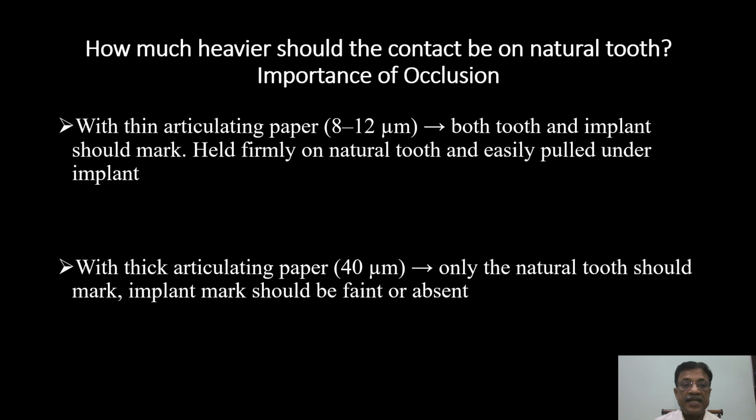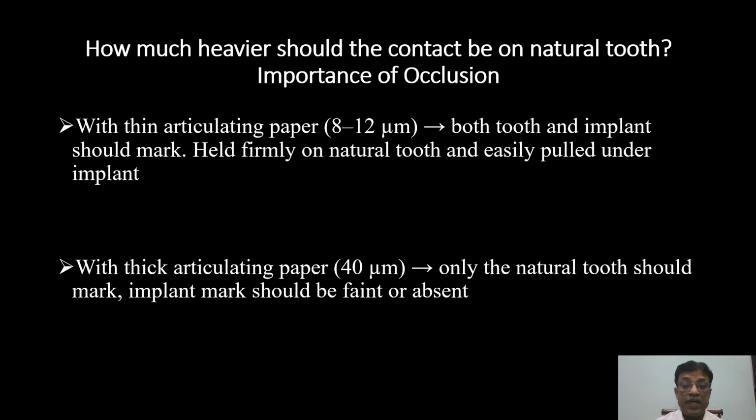And naturally we use a good quality articulating paper like Bausch. If we use an 8 to 12 micrometer articulating paper and place it between the implant and the opposing tooth, it should just slightly touch and come out easily. But when it is on the natural tooth, it should be firmly held.